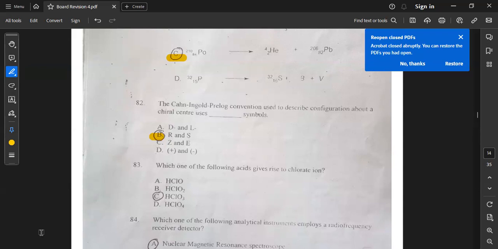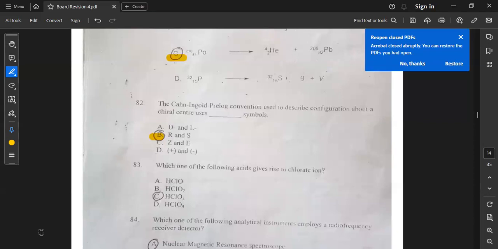Is it chlorous or chloride? HClO is hypochlorous acid.